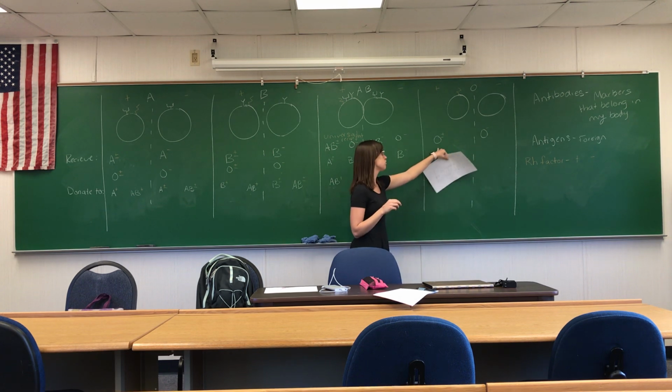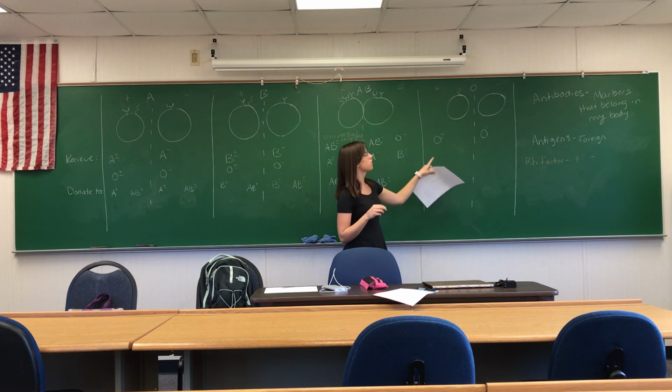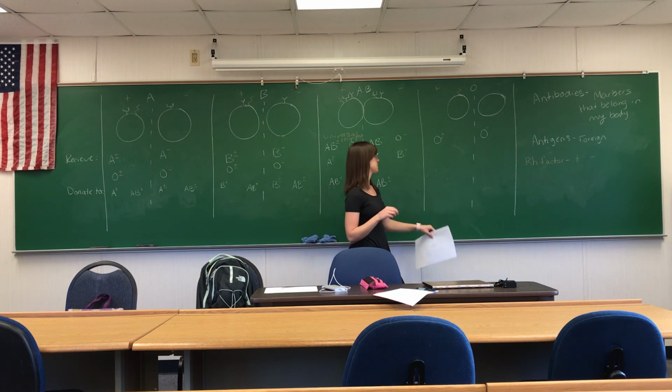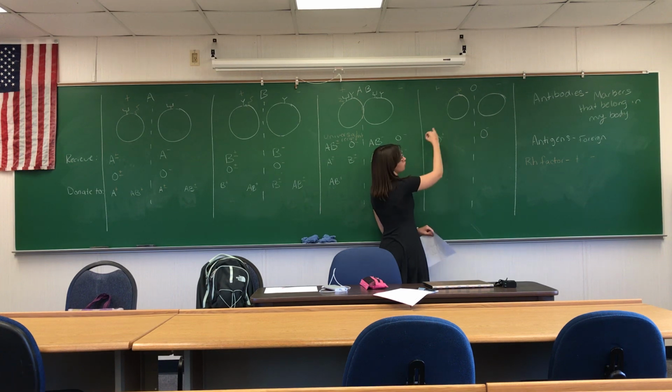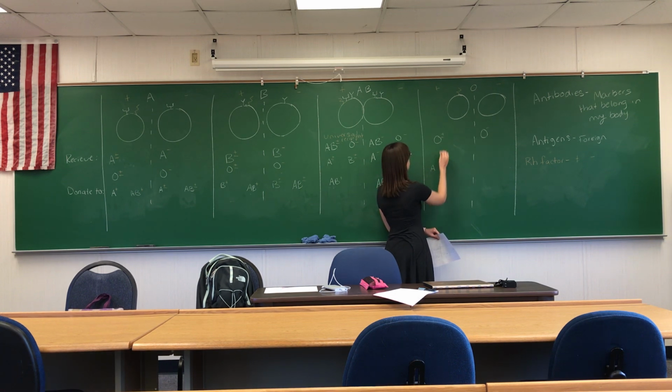can only receive O, but it doesn't have A or B, which means it can give to A or B. It can give to both of them. So we are talking about O positive blood here, right? Thinking about just the letters, we can donate to A because there are no A antigens on here, right?